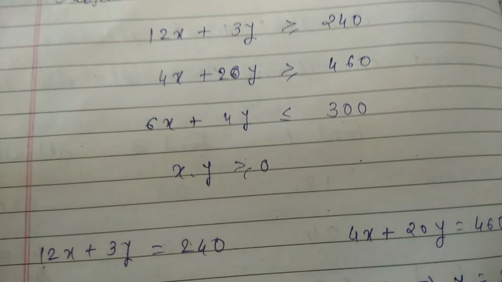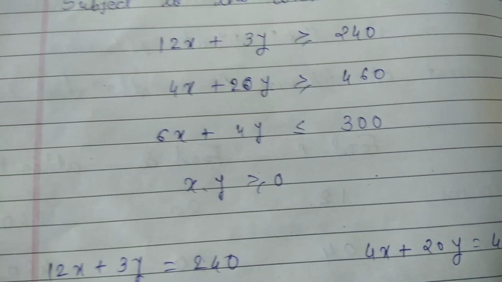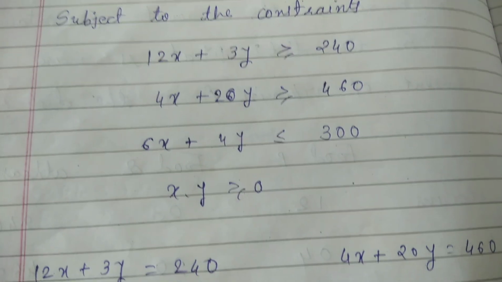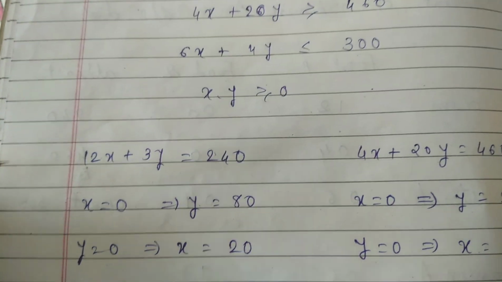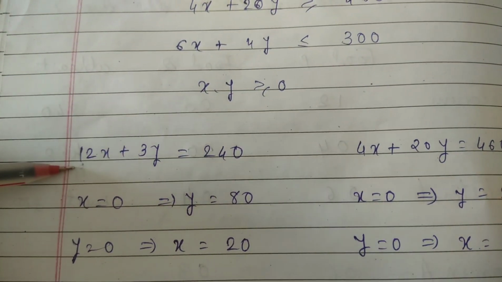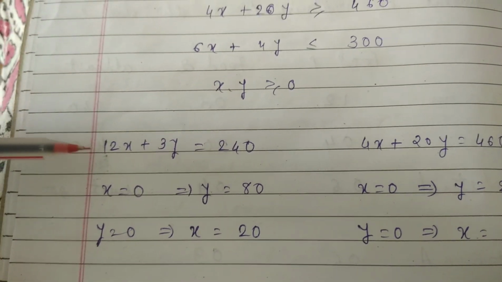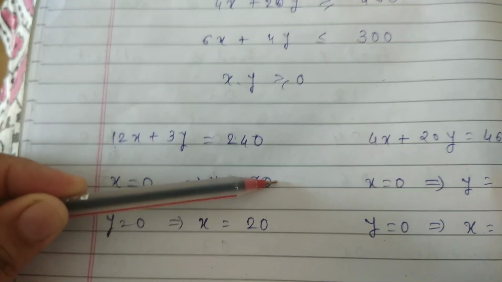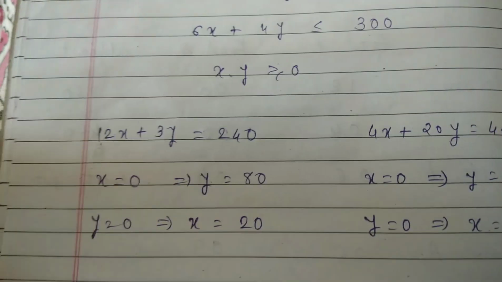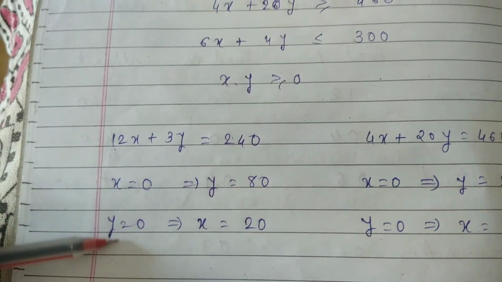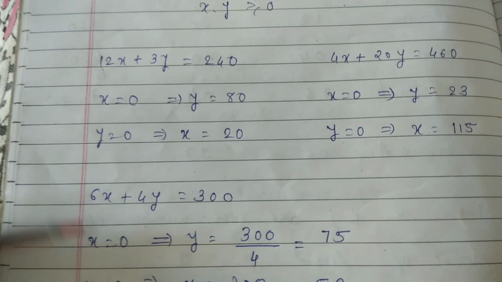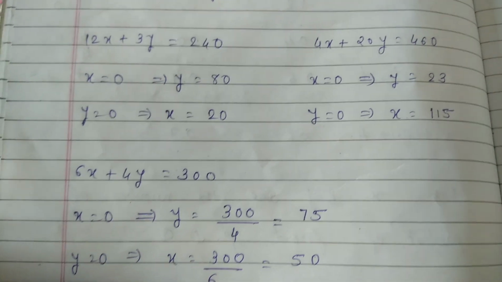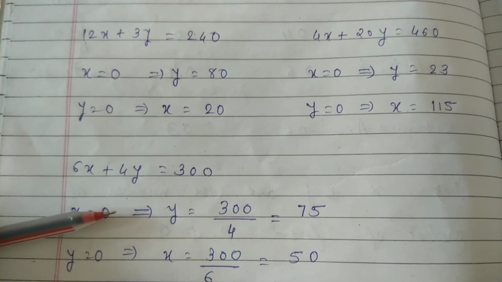This is a reminder, as we did these questions many days ago, which is why we are starting the solution again. Here, 12x plus 3y equals 240. The first thing we do is find two solutions for each and every constraint, and then we plot a graph.